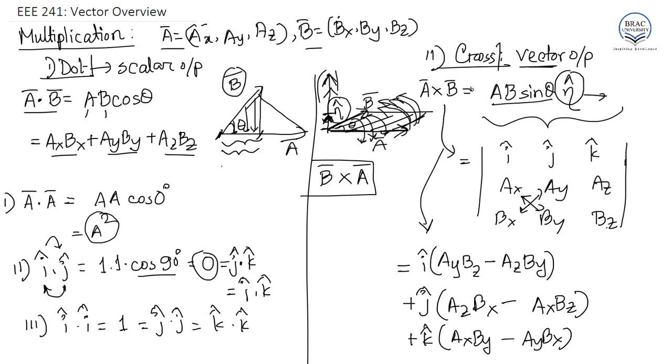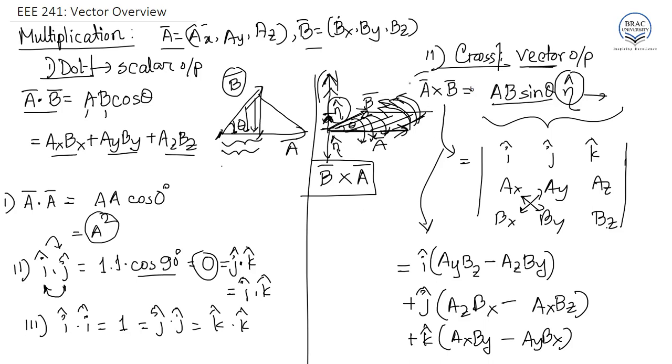Please do that as I say, and see where your right hand thumb points, and you will find that the thumb of your right hand will point to the downward direction, right? So this time the eta is not the same as before. So the direction of B cross A is 180 degrees apart from the direction of A cross B.